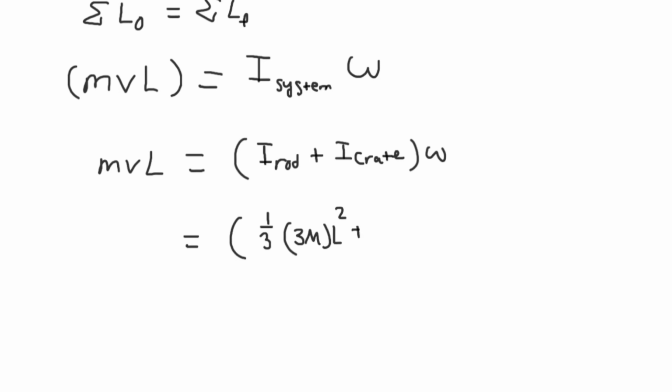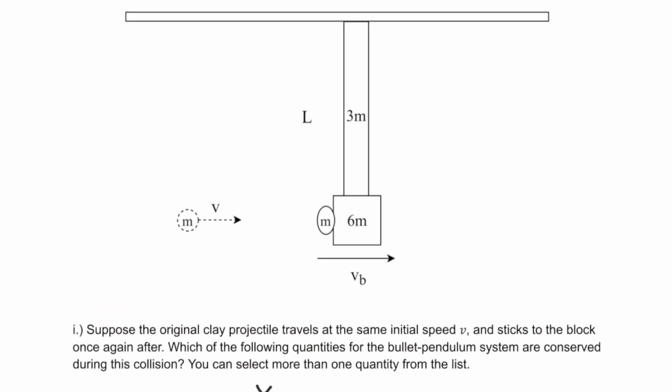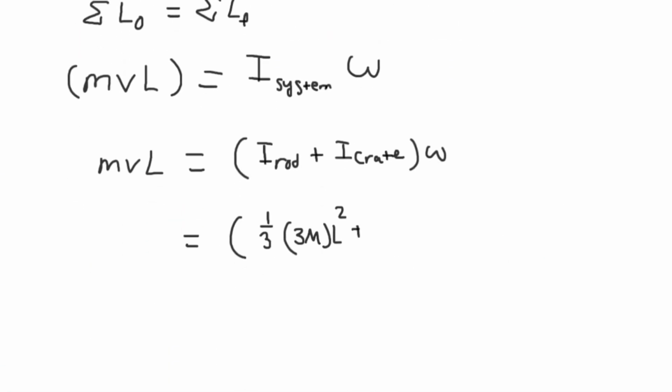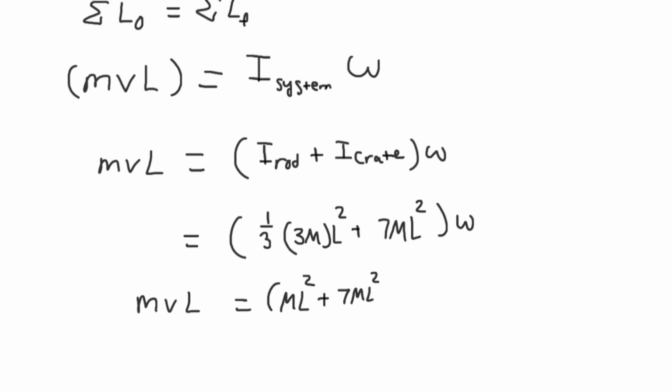And the crate, all of the crate is a distance L away, and the thing attached to it. So we have 7m, a distance of L away. So it's 7 mL squared, because a point mass is mL squared, times omega. All right, now we can do some simplifying and get mvL is equal to mL squared plus 7 mL squared, all times omega.